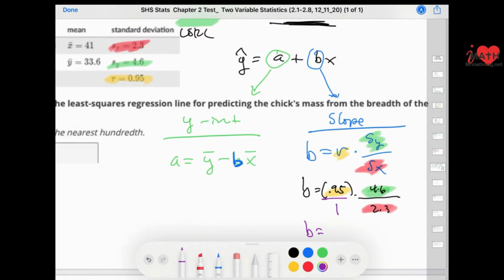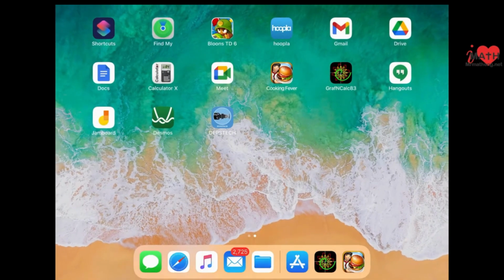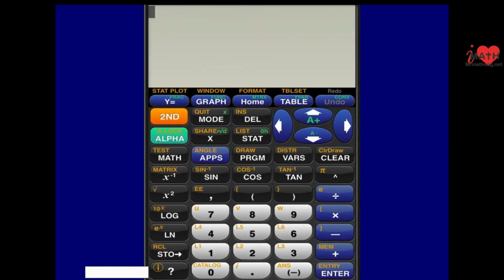Let me show you, I'm going to take a picture of my work. I'm at the home screen, so I'm going to press 0.95 times 4.6 divided by 2.3. And we have an answer of 1.9.